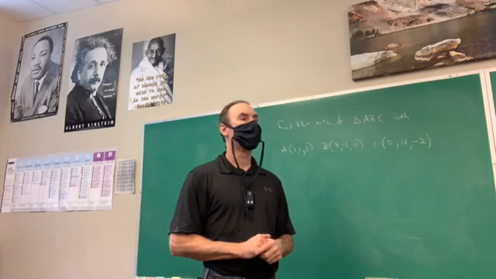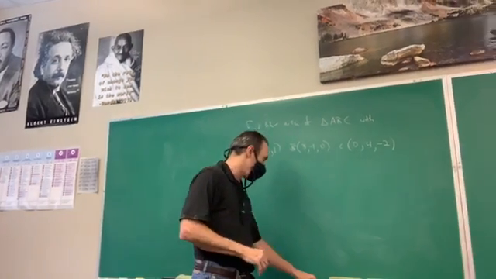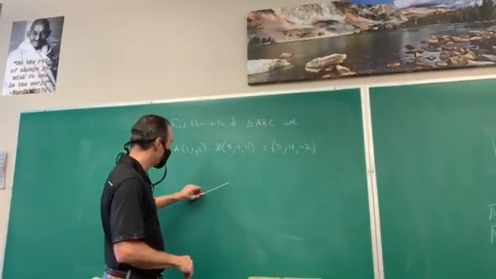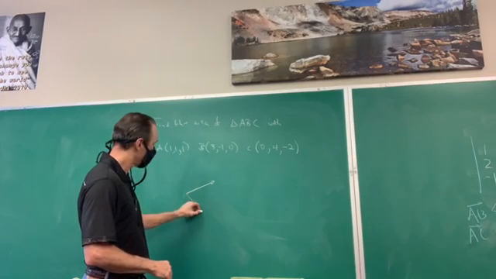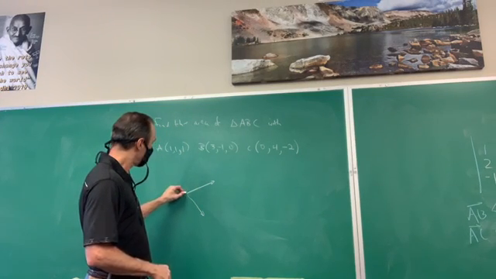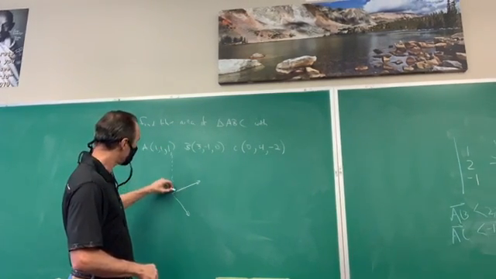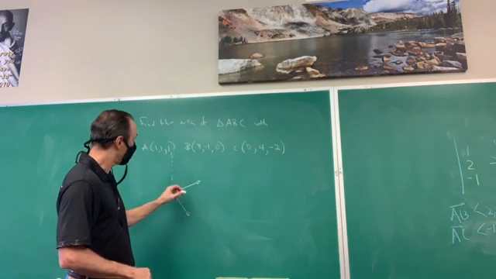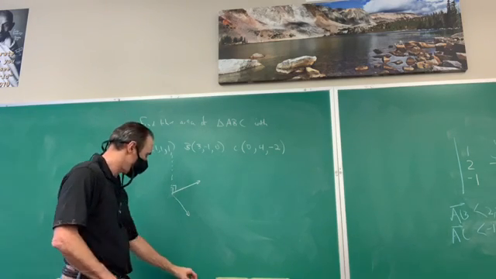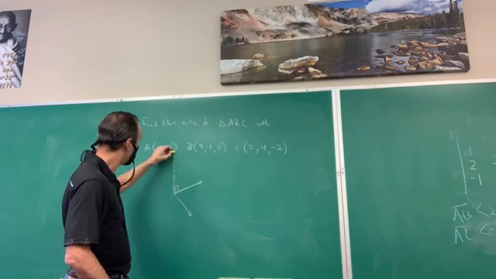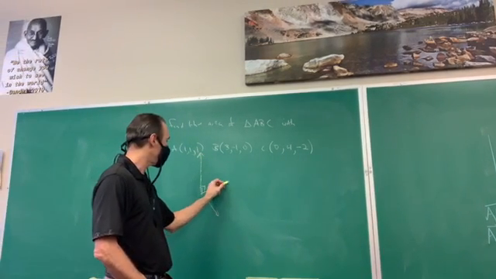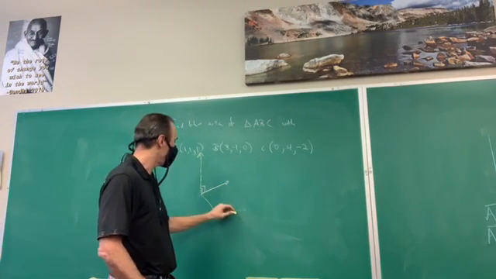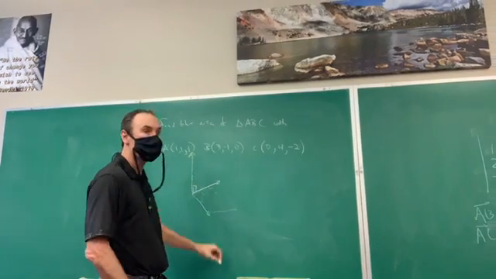So crazily enough, you got these two vectors in space, and when you take their cross product, you get a vector perpendicular to each of them. It turns out the magnitude, the length of that cross product vector, is the area of that parallelogram.